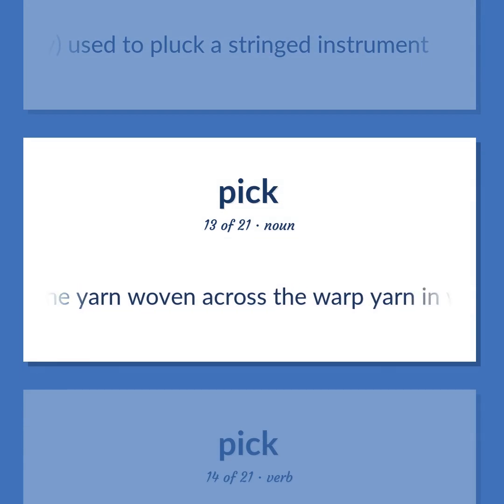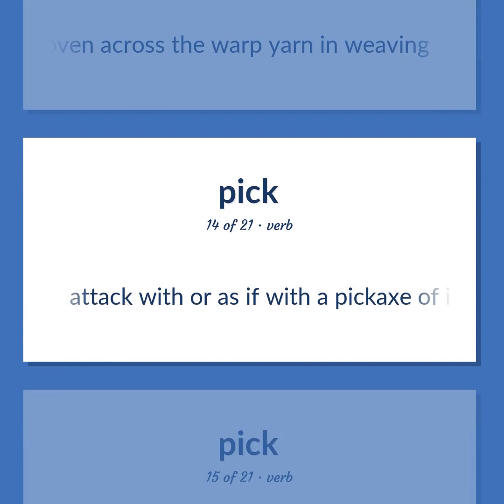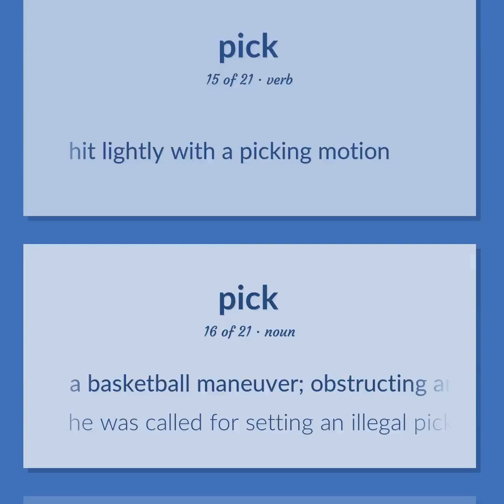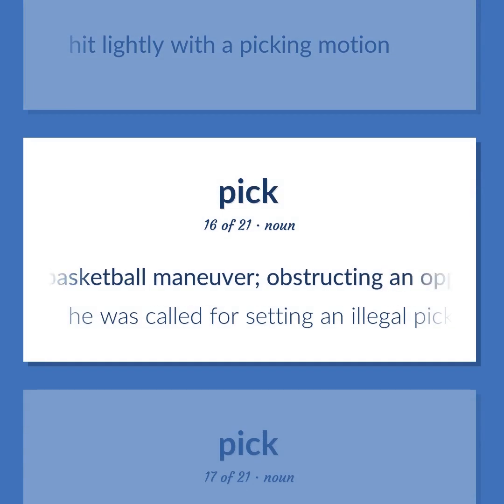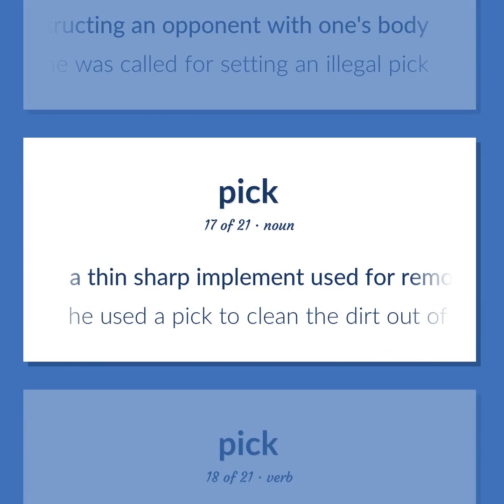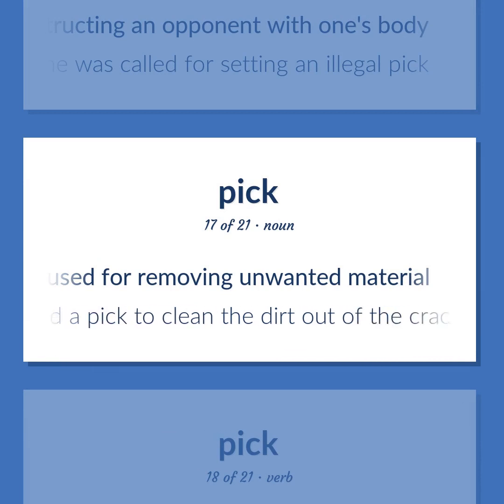The yarn woven across the warp yarn in weaving. Attack with or as if with a pickaxe of ice or rocky ground, for example. Hit lightly with a picking motion. A basketball maneuver. Obstructing an opponent with one's body. He was called for setting an illegal pick. A thin sharp implement used for removing unwanted material. He used a pick to clean the dirt out of the cracks.